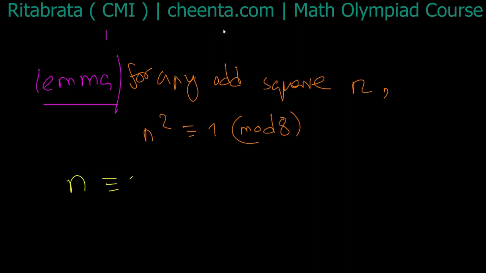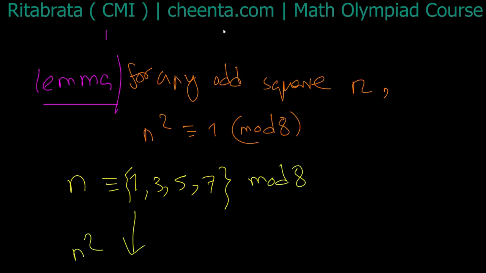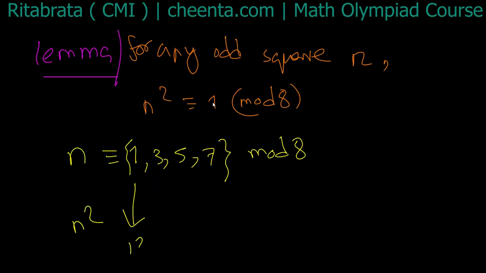See, any odd number cannot leave an even remainder when divided by 8. So all possible remainders are 1, 3, 5 and 7. Nothing else is possible. In this case, what about n square? n square is 1 square, 3 square modulo 8, 5 square modulo 8, 7 square modulo 8.